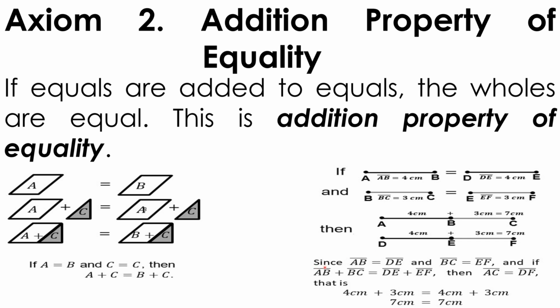Since line segment AB is equal to line segment DE and line segment BC and line segment EF, then segment AC is equal to segment DF. That is 4 cm plus 3 cm is equal to 4 cm plus 3 cm. Now both expressions come up with the same answer, which is 7 cm. So we have here 7 cm is equal to 7 cm.